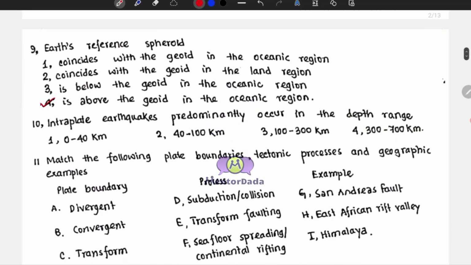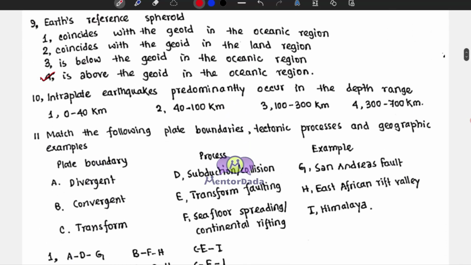Now question number 10 is, an interplate earthquake predominantly occurs in the depth range of 0 to 40, 40 to 100, 100 to 300 kilometers, 300 to 700 kilometers. Look, this is an interplate earthquake, so it will never be intermediate depth or deep focus.